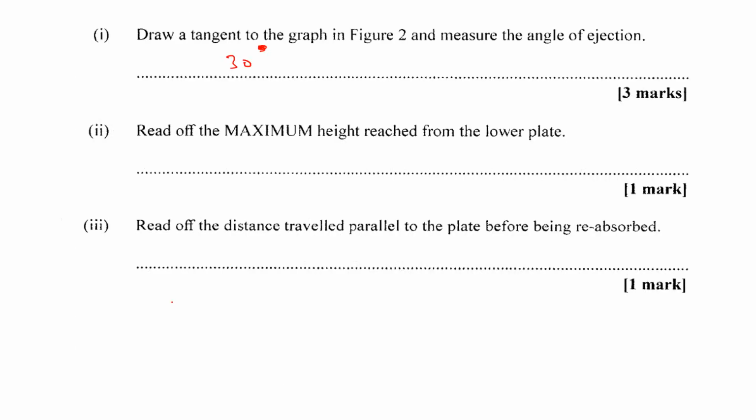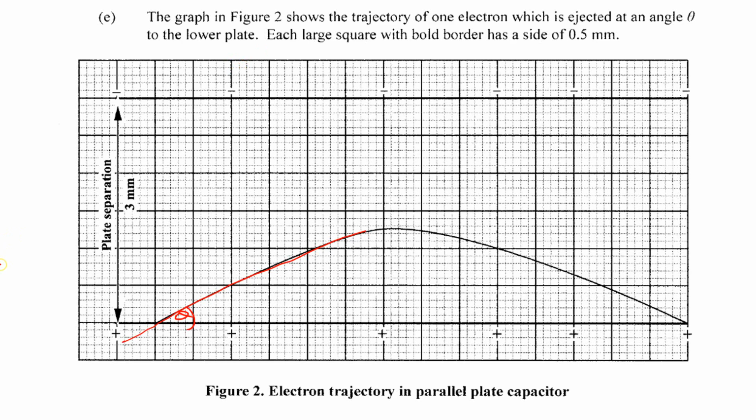Then the question says, read off the maximum height reached from the lower plate. They give you the information to say this is 0.5, 0.5 again. So this is basically a graph question. We have 0.1 here, so you go in between and read these smaller boxes.